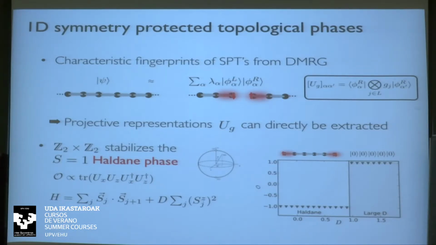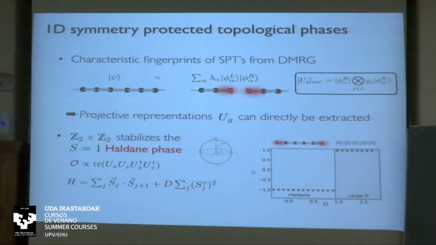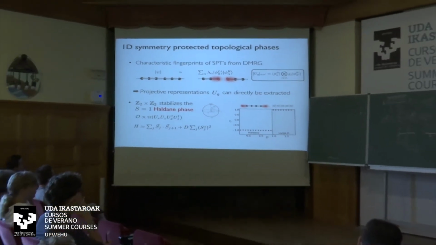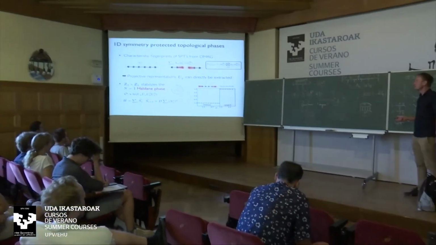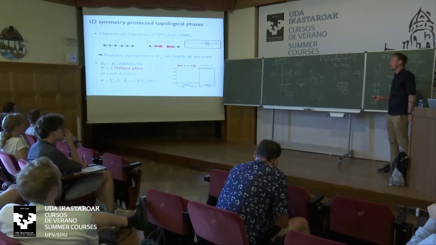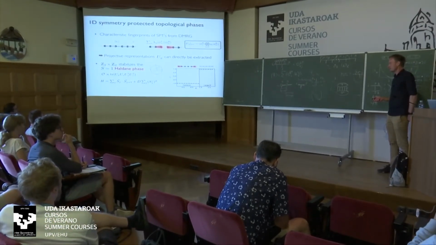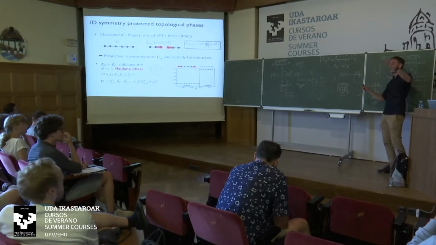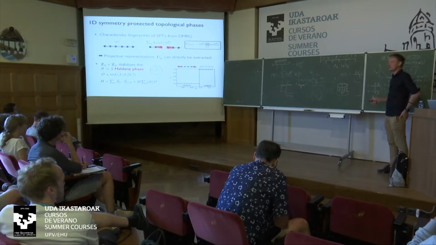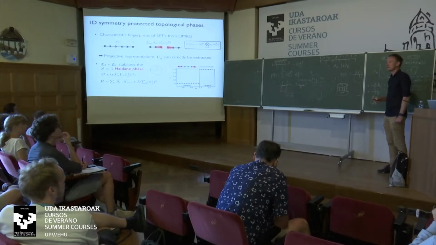So this representation will be hugely reducible. Is that correct? Yes. So this will be different blocks. If you are in the non-trivial phase, there will be irreducible 2 times 2 blocks, and in the other phase there will be just one-dimensional representations.